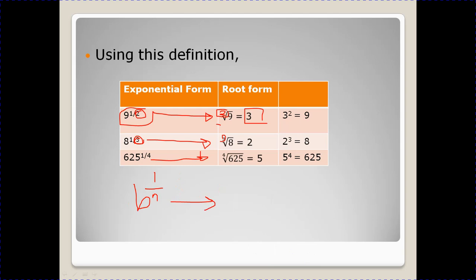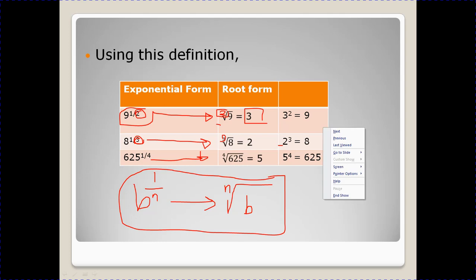Then it can be written in the form of the nth root of b. So if I have b to the power 1 over n, it equals the nth root of b.